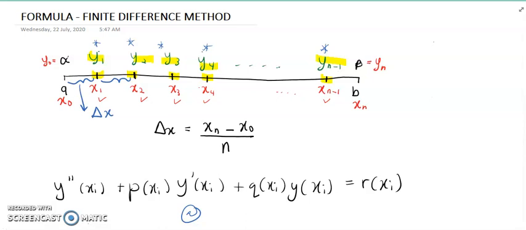In finite difference method, the linear second order ODE at the interior node is given by this equation here. Actually, this equation comes from the general equation of the linear second order ODE.